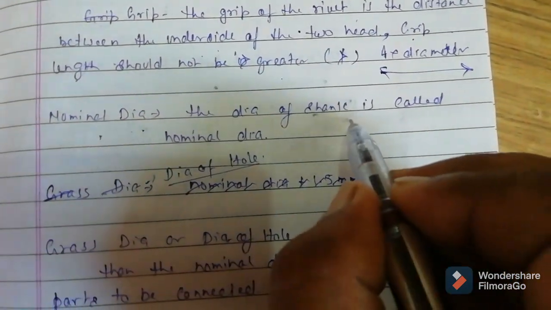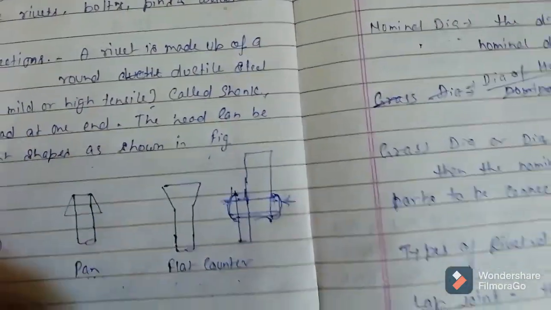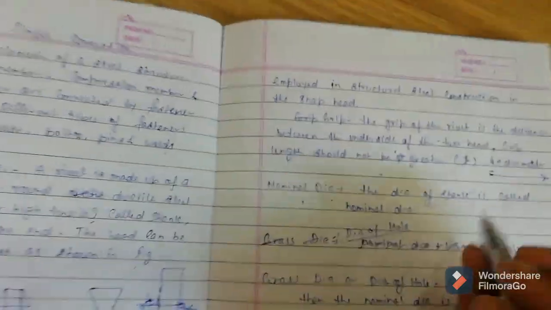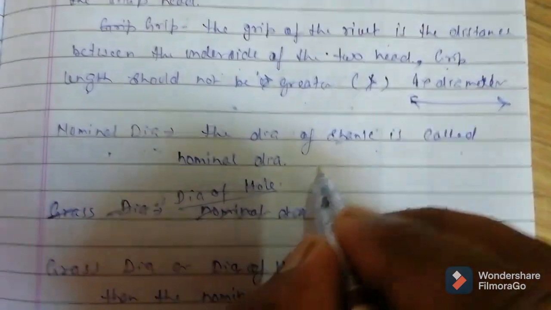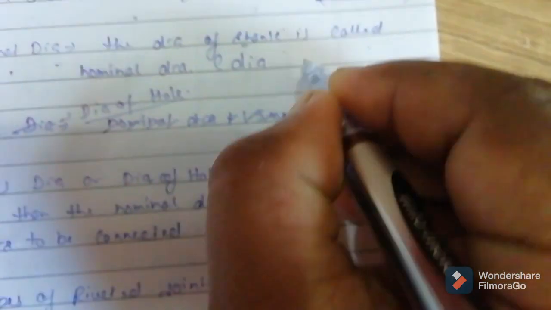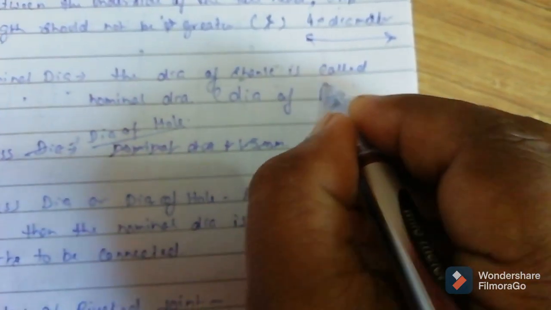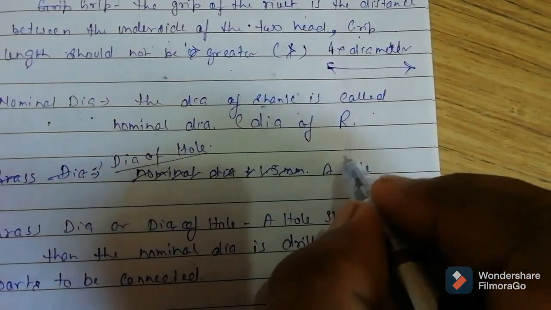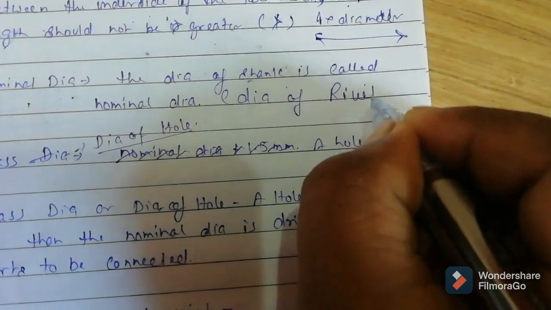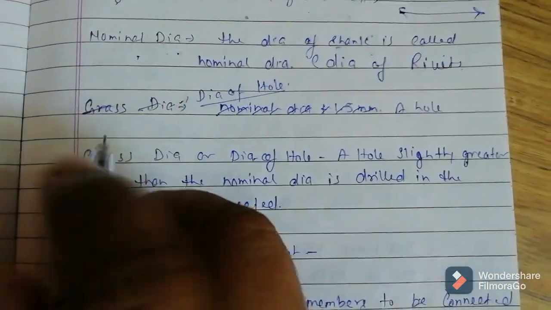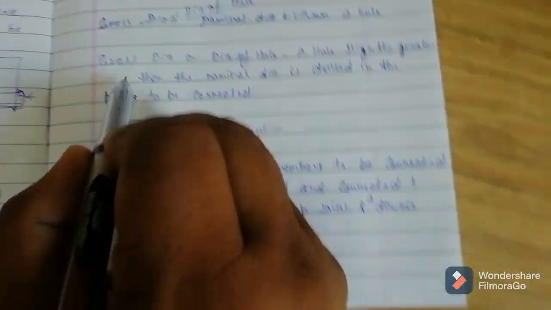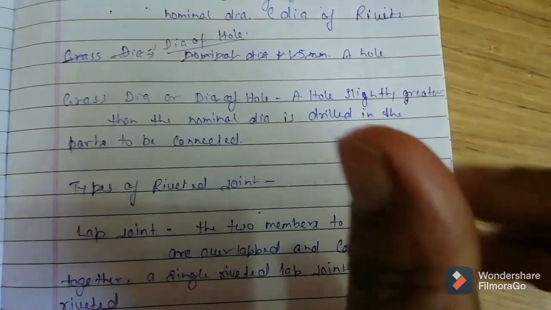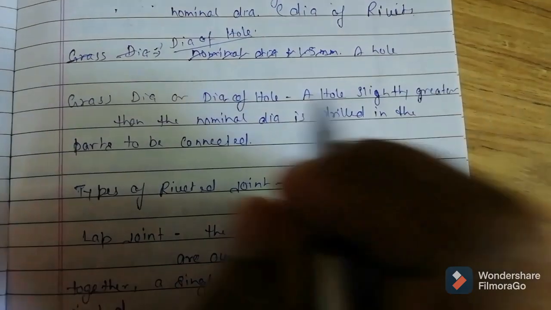So now nominal diameter. The dia of a shank, the dia of the rivet, is called the nominal diameter. Now again, the gross dia. The gross dia is the dia of the hole.